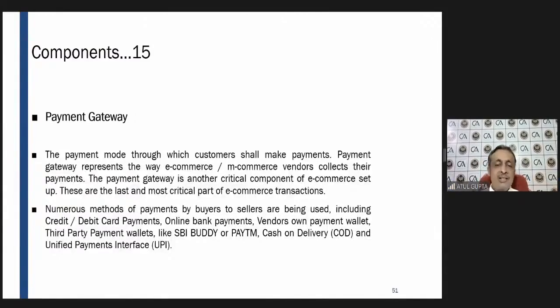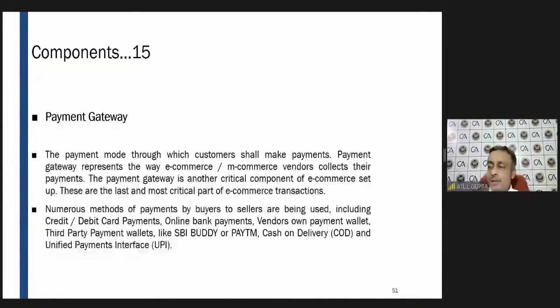So payment gateways can be debit and credit cards, online bank payments, and the vendor's own payment wallet. Aggregators and ride-renting companies all have their own payment wallets.